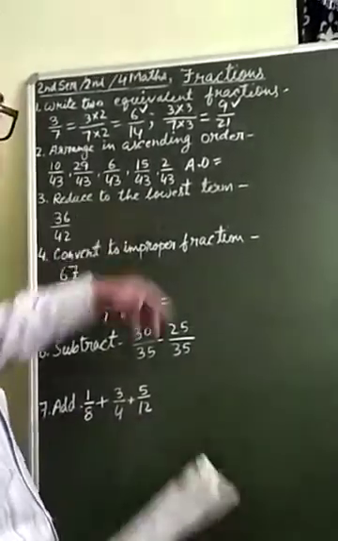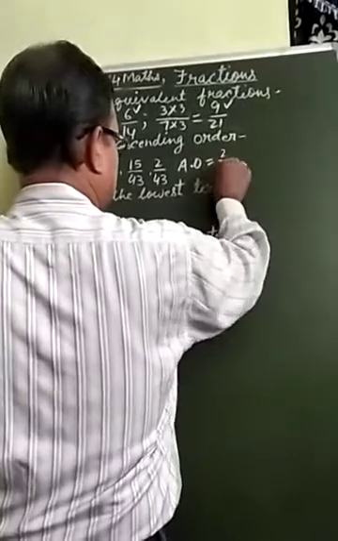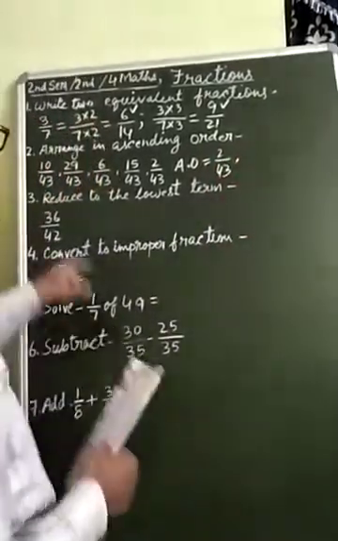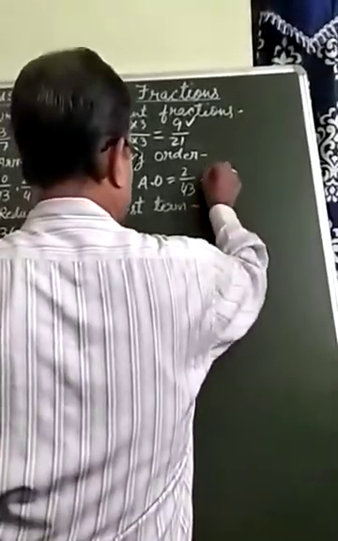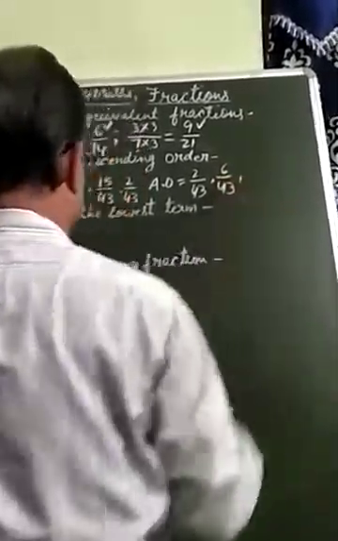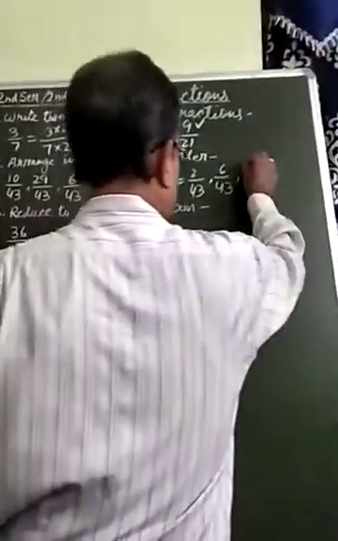Look at these fractions. This is the smallest fraction, so we will write it here, 2 by 43. Now second smallest numerator is 6, so after this we will write 6 by 43. Then comes 10 by 43.